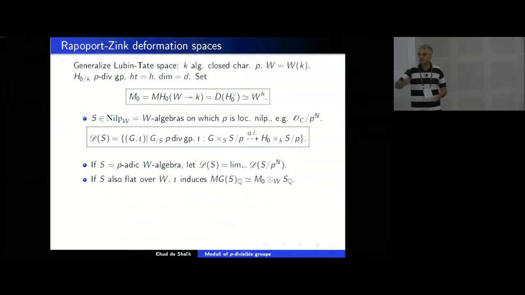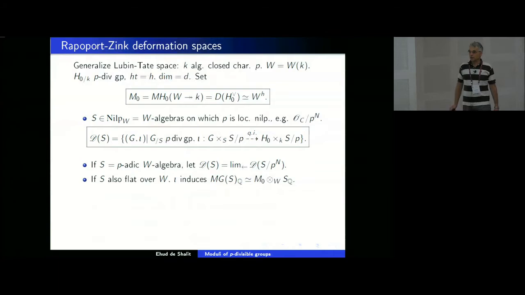So if you invert p and you look at the rational crystal rather than the integral crystal, you get via iota an isomorphism with M naught tensor S_Q. Of course, you have to extend scalars to get a module over S.